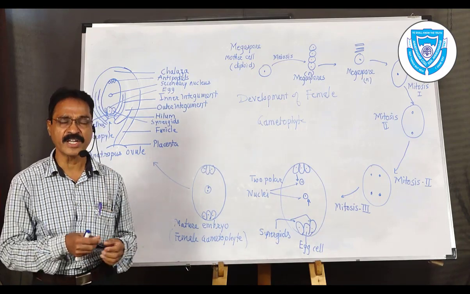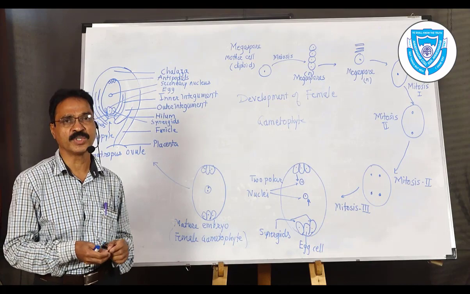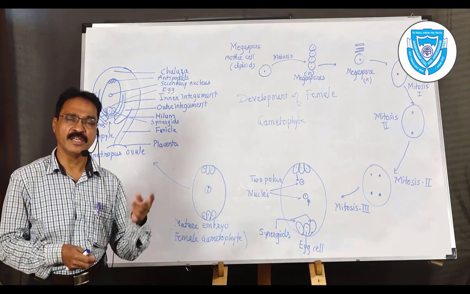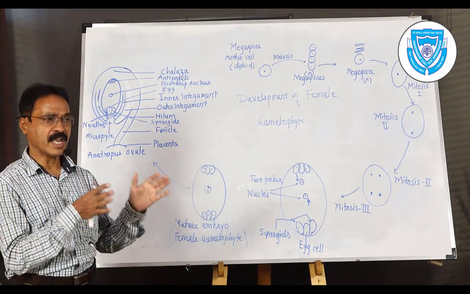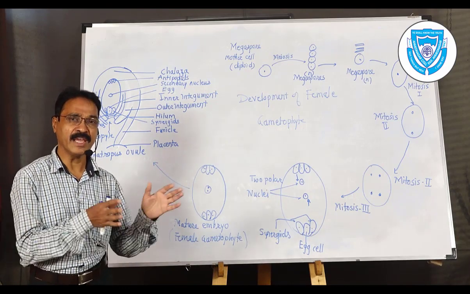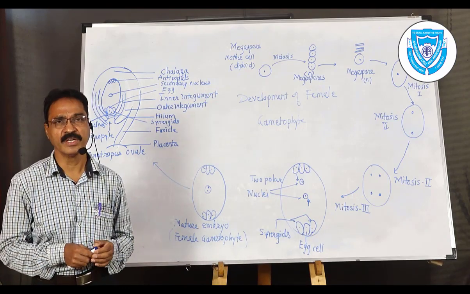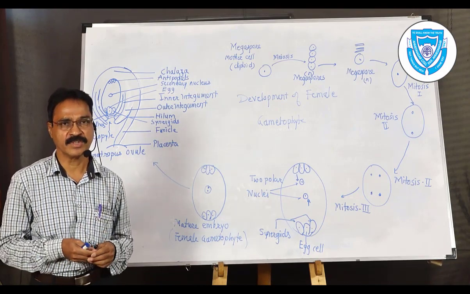It is an elongated, tube-like structure, which carries 2 non-motile male gametes. In this way the male gametophyte development completes. So it is ready for fertilization.